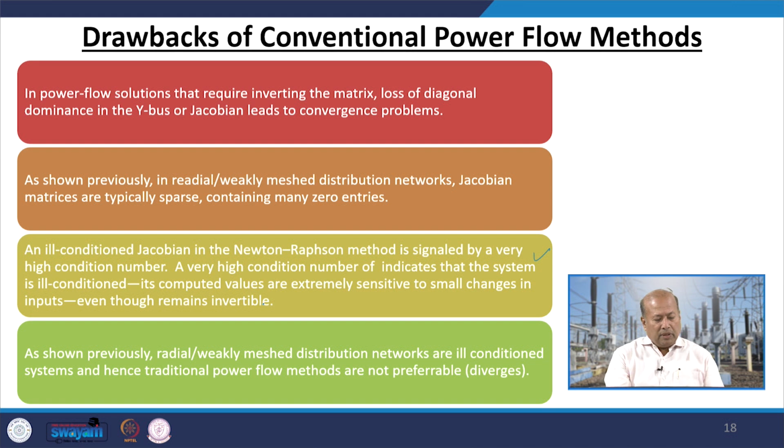Its computed values are extremely sensitive to small changes in the inputs. As shown previously, radial or weakly meshed distribution networks are ill-conditioned systems, and hence traditional power flow methods are not preferred or acceptable. So, most of the distribution systems today are ill-conditioned because the condition number is quite high, and if the condition number is quite high, that means the Jacobian inversion is quite difficult.